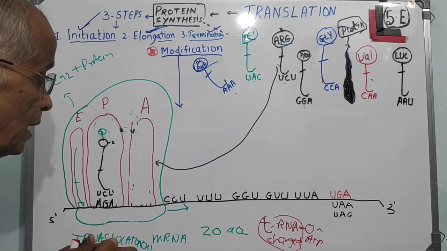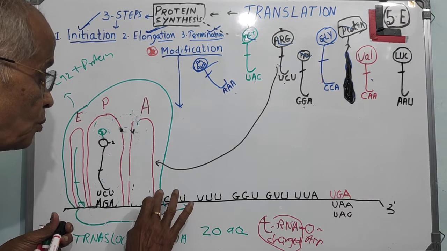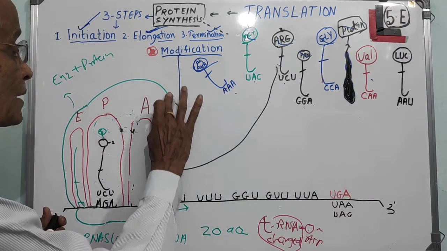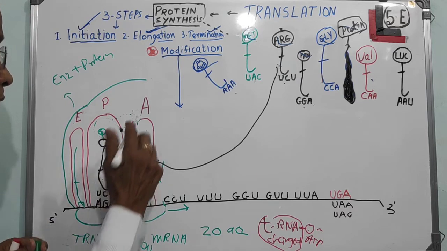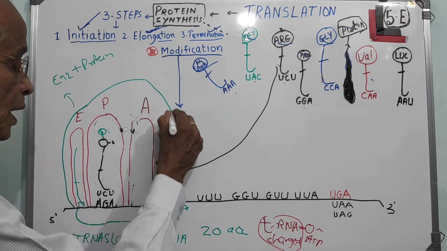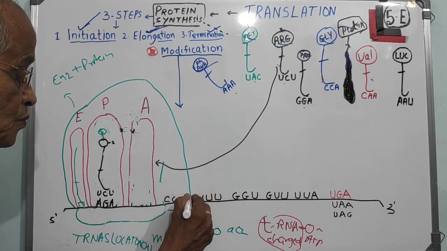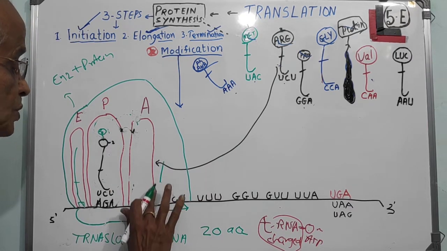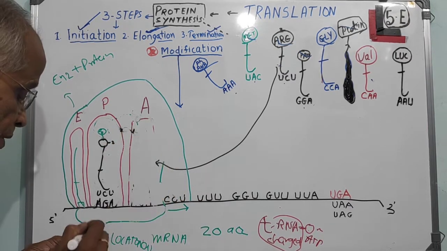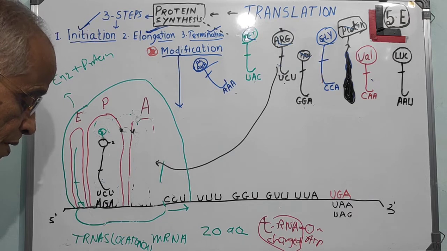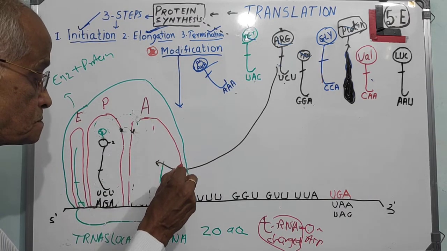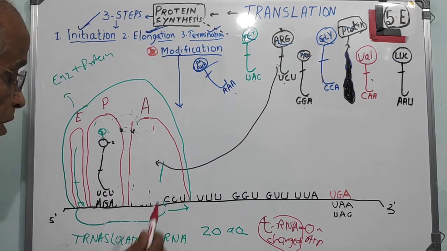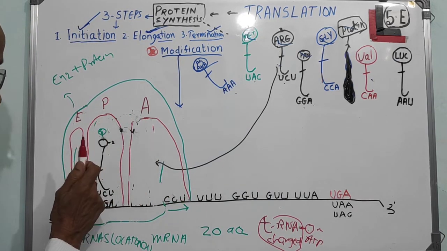What I do is, I will just move the entire unit of the mRNA, the ribosome, to cover this place, and the entire thing will now be A site. So one step it has moved: A site, P site and E site.